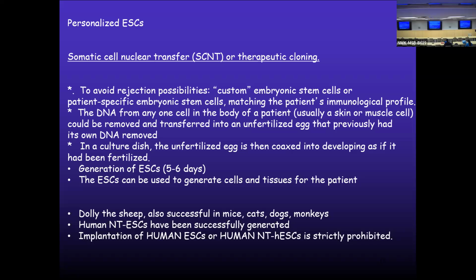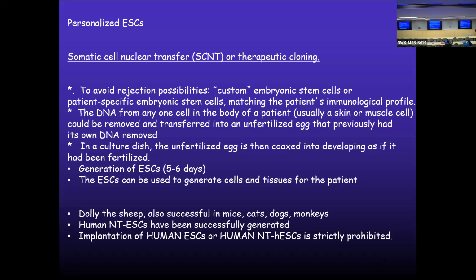My genetic information will go into that oocyte, then I will stimulate that oocyte with an electric field to make them go into development. They will start the process of development, and they will make embryonic stem cells. But the genetic information is now mine, right? Because I donated the nucleus there.